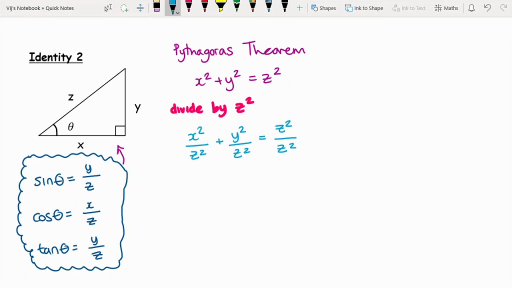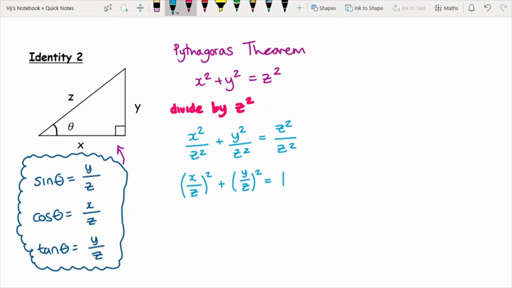Now I'm going to rewrite this in a different way. If you remember what we do with regards to indices, I can write this as x over z, all squared, plus y over z, all squared, and z squared over z squared is just going to equal 1.